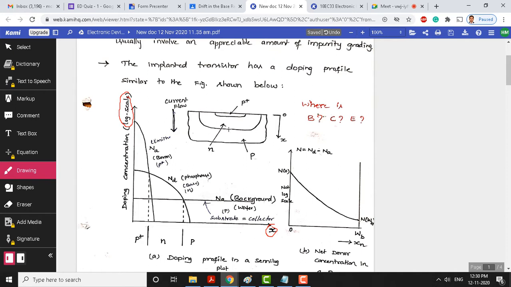You can identify which one is emitter, base and collector here. As I told you, the base material in the fabrication will be the collector, and the base region is this, and the top region what you see here is going to be the emitter region. Okay. So, this is the actual structure of the BJT.